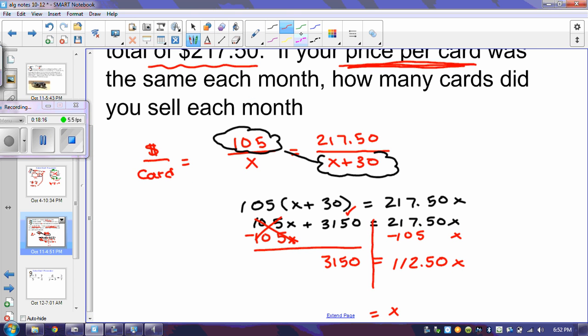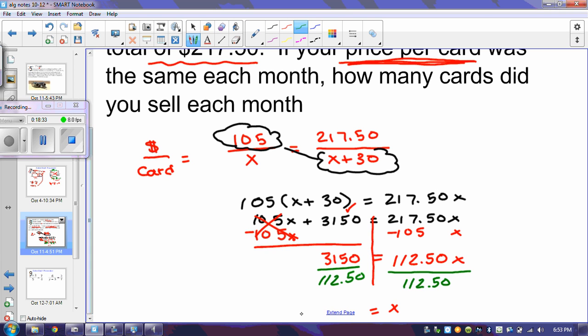Now, the last step in solving is always to figure out what 1x equals. So I'm going to have to divide by whatever the coefficient is. In this case, 112.50. So I'm dividing both sides by 112.50. And when I pull out my calculator to do that division, I get exactly 28.